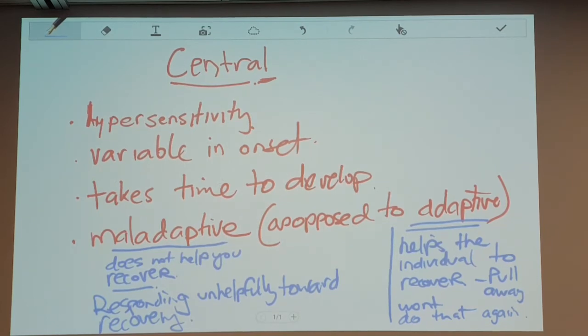So in order for someone to break out of their centralized pain, the process of centralization actually has to be eliminated.